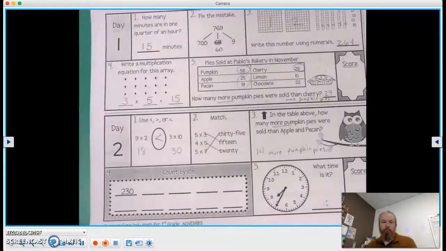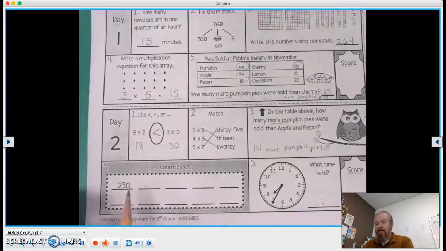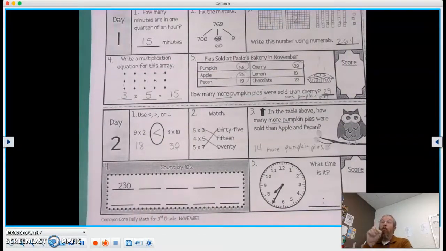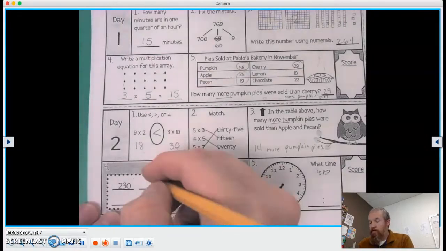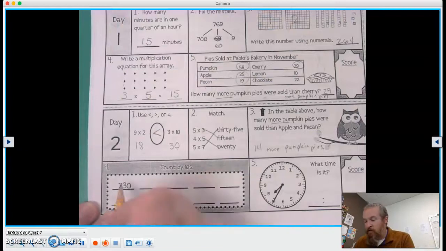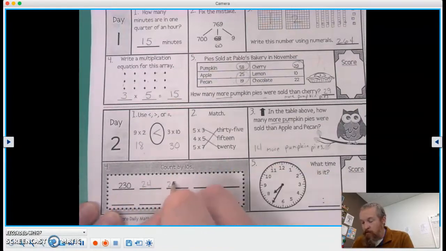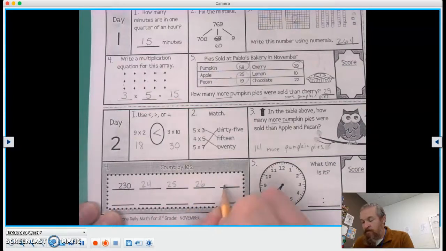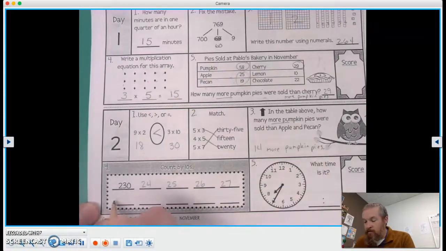It is me. Let's count by tens. So that's really like counting by ones in the tens column, right? So let's just remove the 0 for a second. So we have 23, 24, 25, 26, 27, 28, 29.